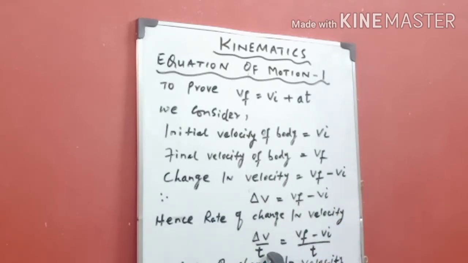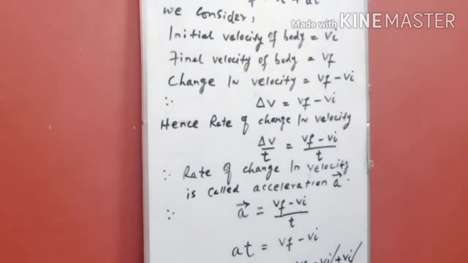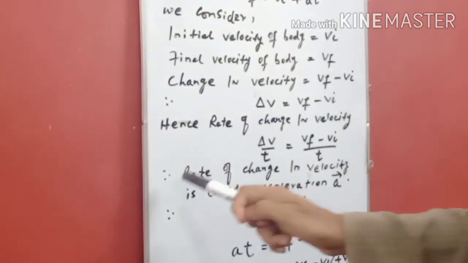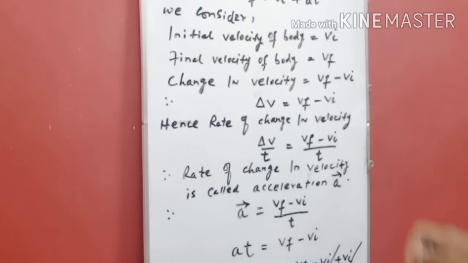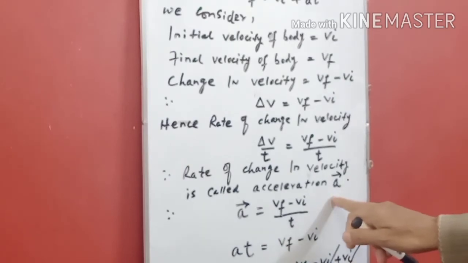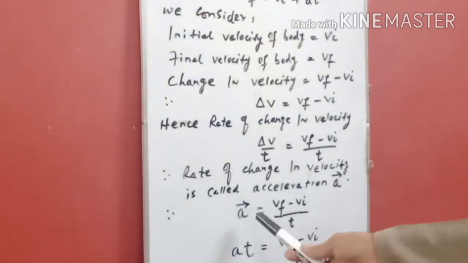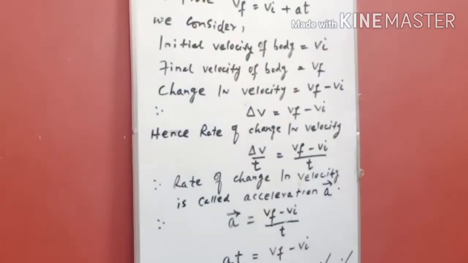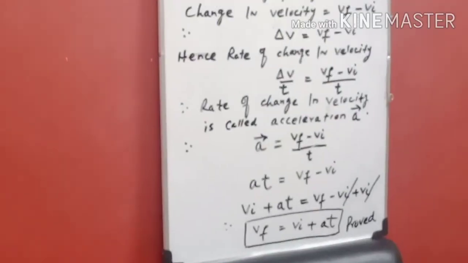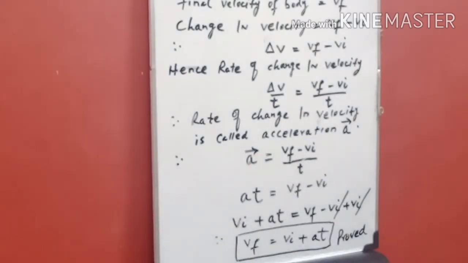Delta V upon T, where T means time, equals Vf minus Vi upon T. According to the definition, the rate of change in velocity is called acceleration, and acceleration is a vector quantity, therefore we show an arrow above the A. A equals Vf minus Vi upon T. According to mathematics, when a term is divided on the right side, it multiplies on the left side.